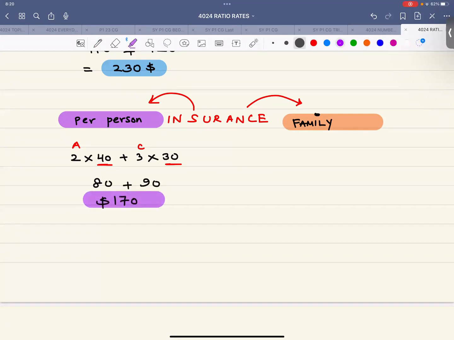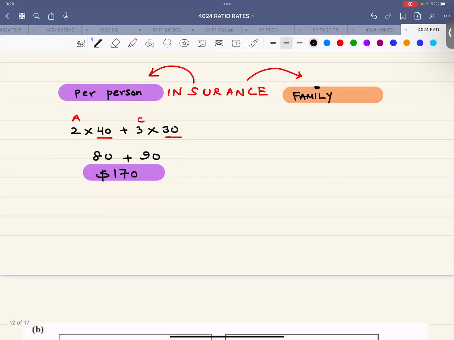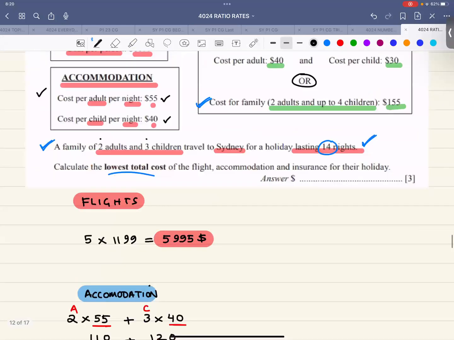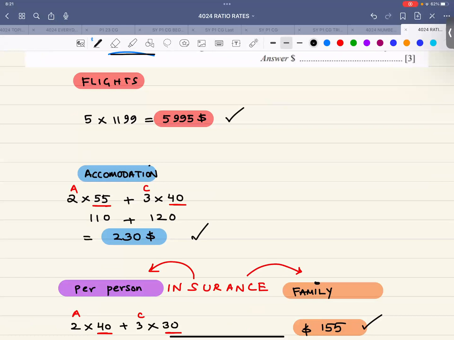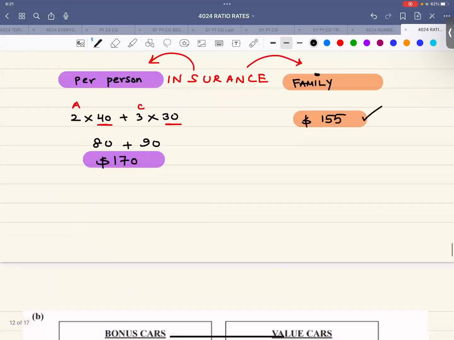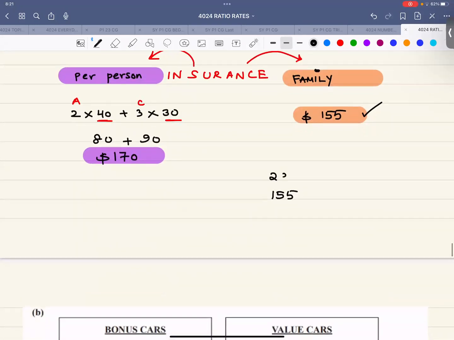This is 170. And the family insurance is a flat rate of 155. So which is the cheaper option? Naturally, the cheaper option is this one by $15. What are they asking? Lowest total cost. So 155 is at the bottom, and then 230 is for the accommodation.